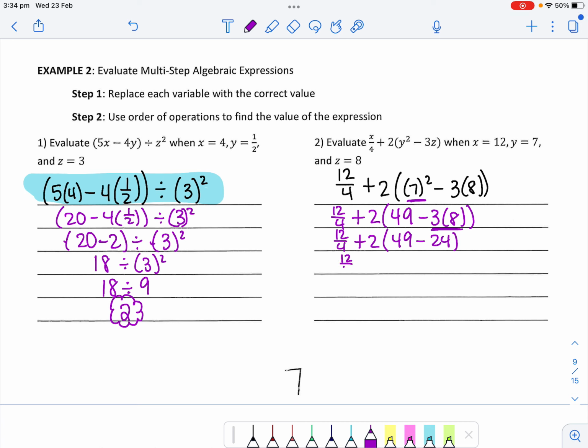So then 12 over 4 plus 2 times 25 after I subtract. 12 over 4 is the same as 12 divided by 4, so that's going to be 3 plus 2 times 25. And then it's going to be 3 plus 50, so 53. That was one line short. And again, the only new piece that I added was substituting those values into the expression.